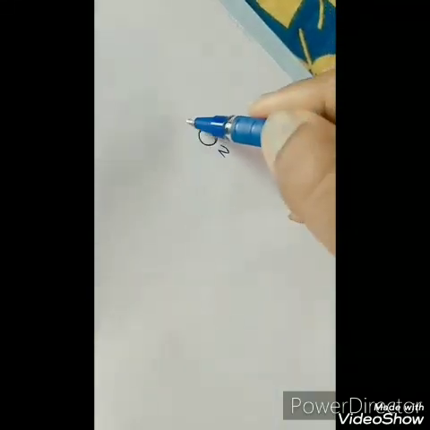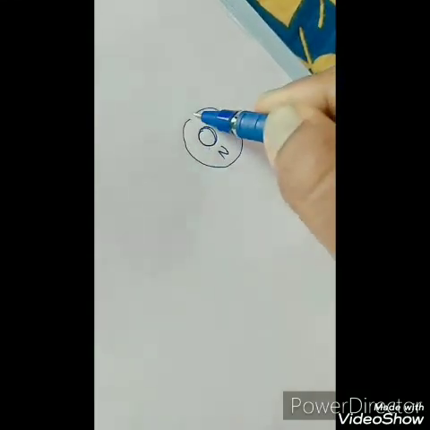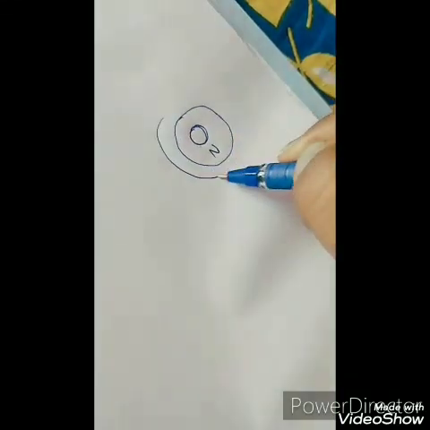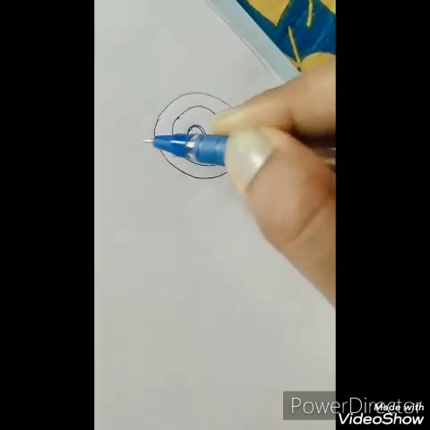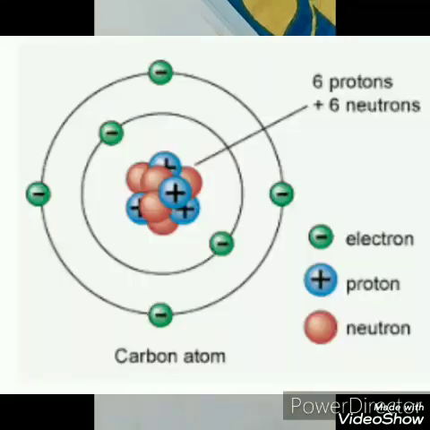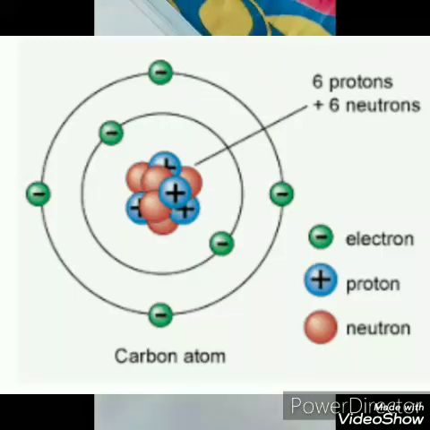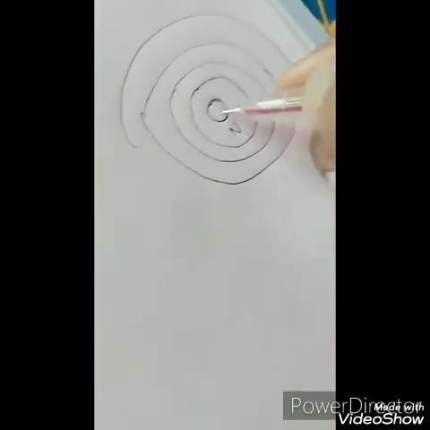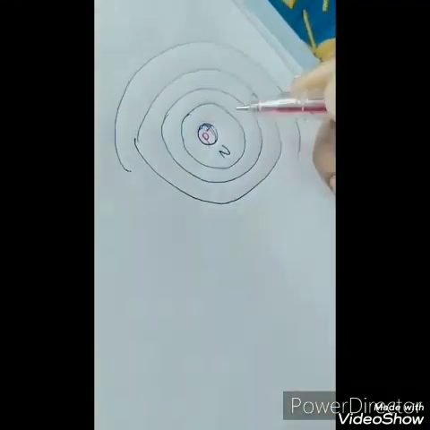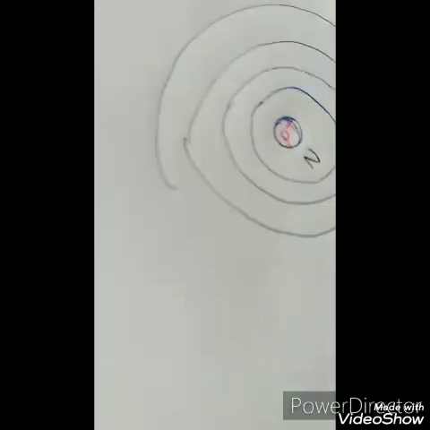This is the nucleus and these are all the outermost shells, nothing but an orbit. So, coming to protons, they must be present inside the nucleus.